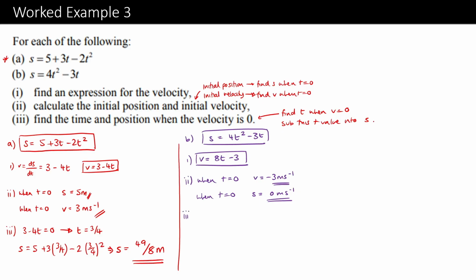Then for part 3, I make V equal to 0, so 8t minus 3 equals 0. So t is going to equal 3 over 8. And then I substitute that t value into S. So S equals 4 lots of 3 over 8 squared minus 3 times 3 over 8. And then plop that straight into my calculator.